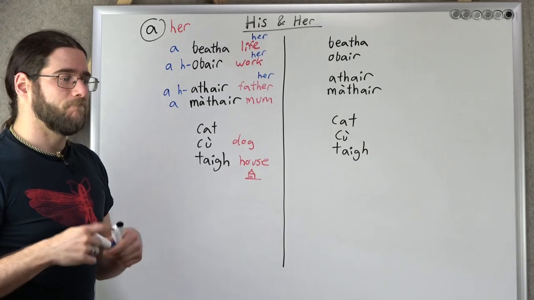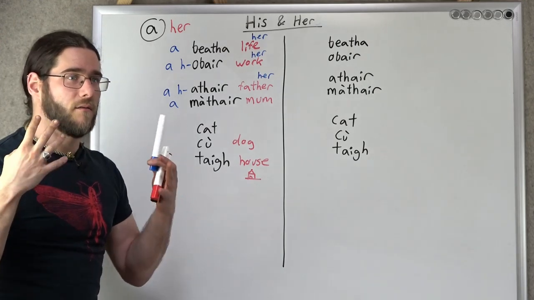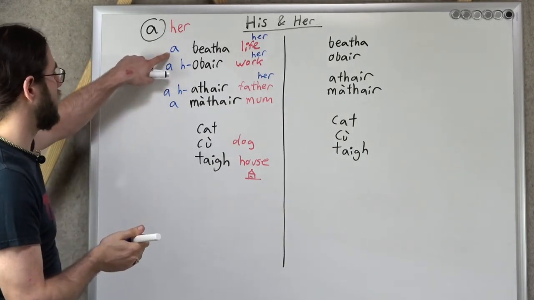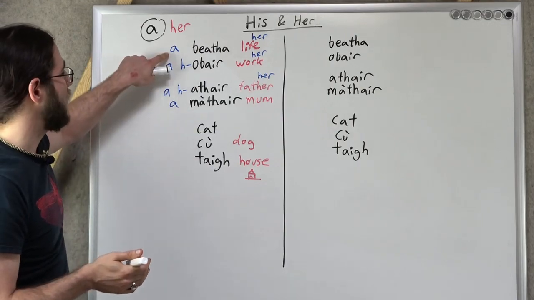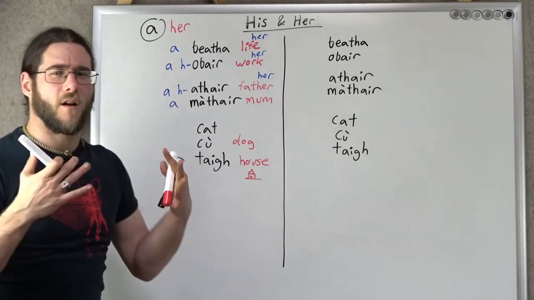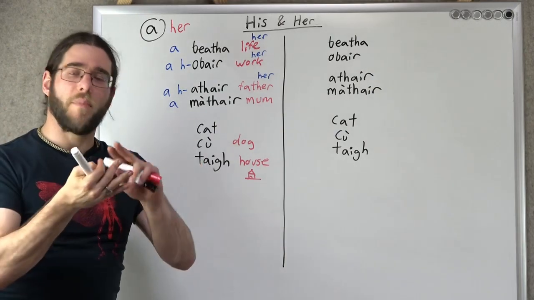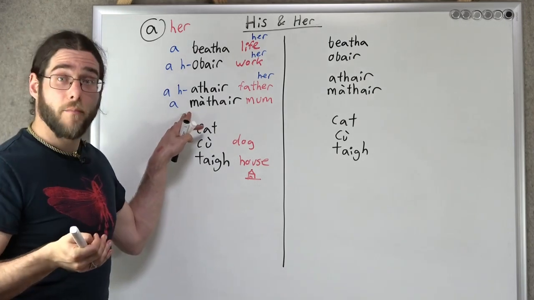Now, perhaps you already have seen this. There are two ways of saying someone has something in Gaelic. You can use these. It's usually just a letter or two. And this way of using a, this a, is really for things that are very personal. Like your thoughts, your opinions, your life, your work, you know, your family members.